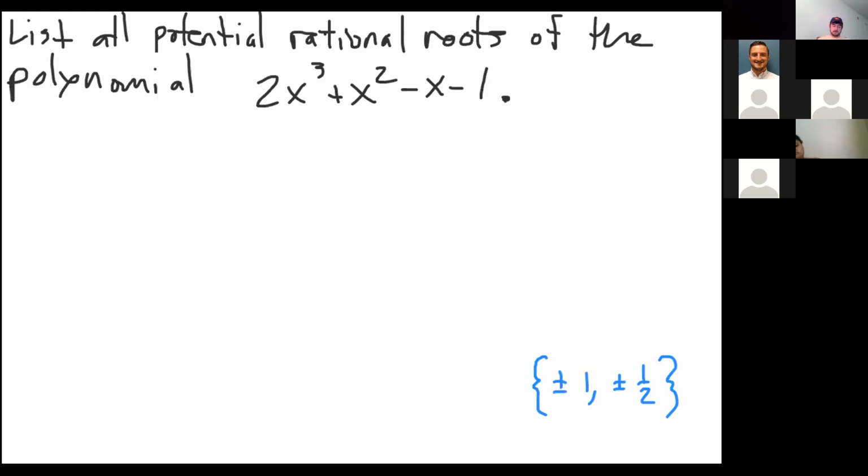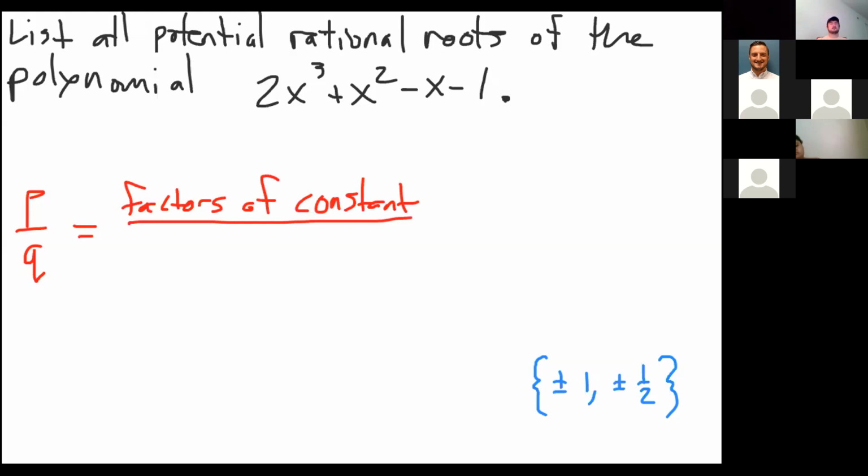The key, when you reread the rational root theorem, is that you're always looking for values p over q. The p is always going to be the factors of your constant term for your polynomial.